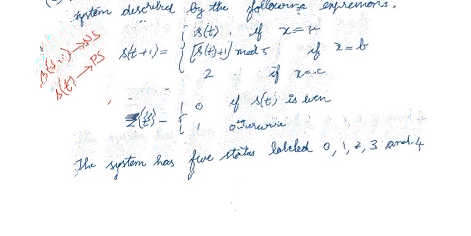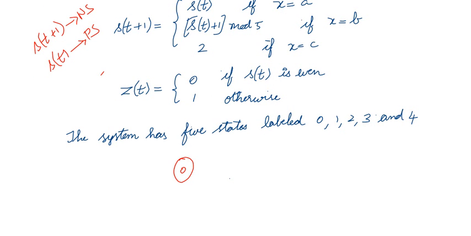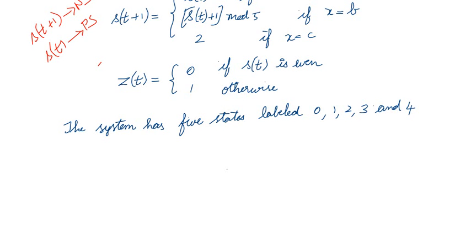So I am going to draw the state diagram. So what are the states? 0 is one state. You can make it like this. 0 is one state. 1, 2, 3, 4.